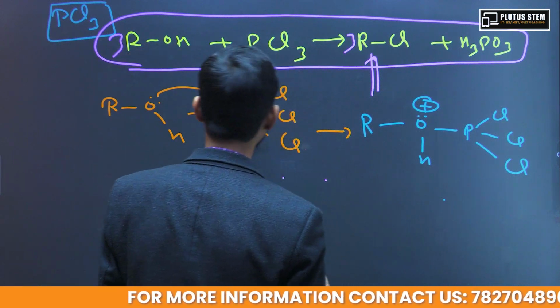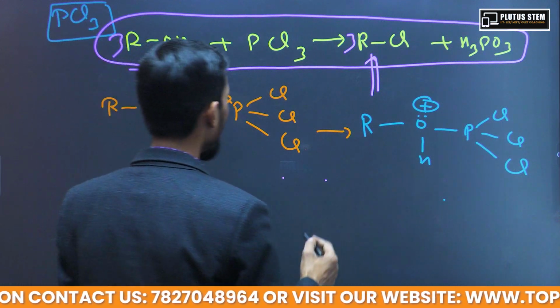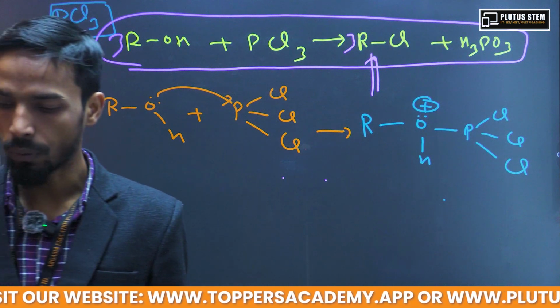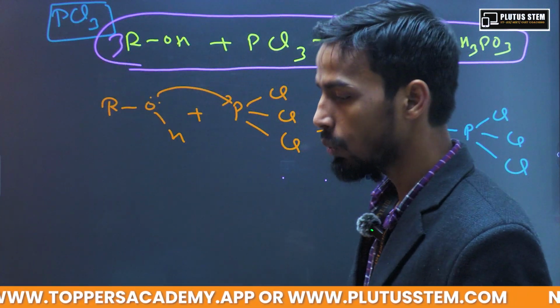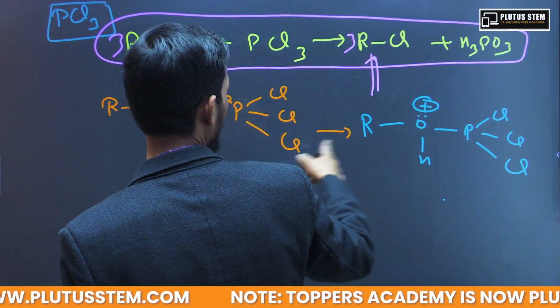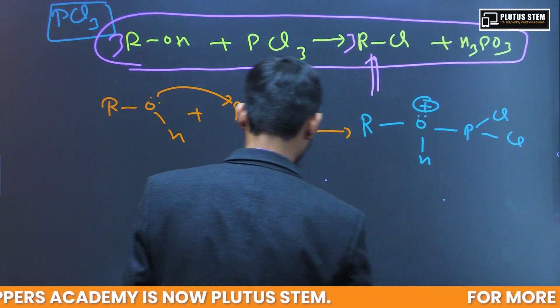in this reaction what will happen. This ROH, this Cl, which is over here on PCl3. So now what will happen over here? This time Cl negative. When we have attacked over here, this is PCl3, so from here one Cl has left. Yes or no?